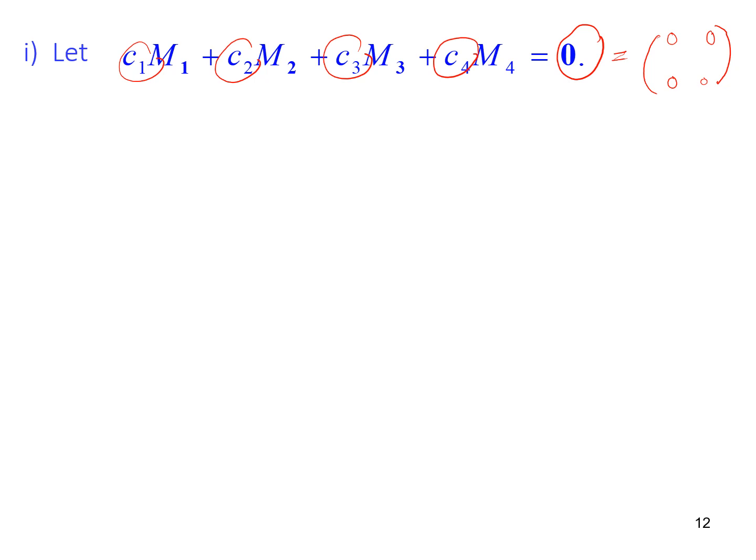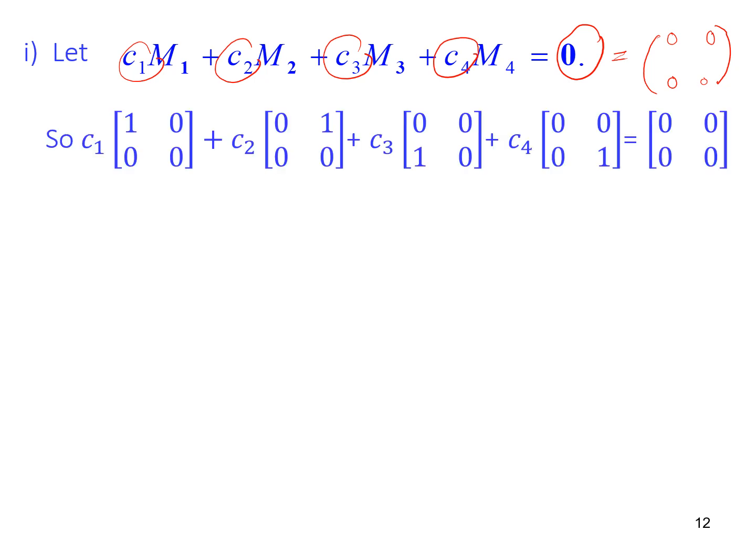We have to show that the only possible values of C1, C2, C3, and C4 are all zeros. So to get the values of the scalars C1 up to C4, we substitute the matrices M1 to M4 and the zero vector, and then we have this. Then we do the arithmetic operations.